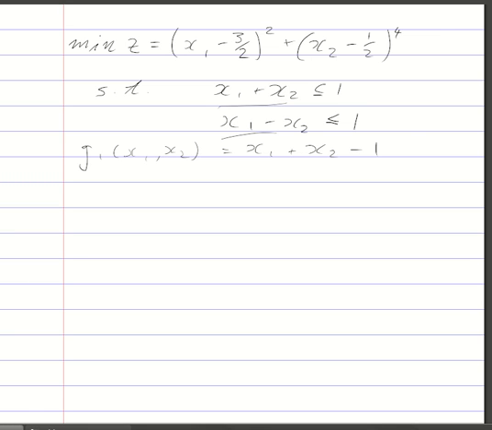So we want to write the conditions so that we have a less than or equal to and a 0 on the right hand side. We then also have g2 of x1, x2 is equal to x1 minus x2 minus 1, and we know from the conditions that that will be less than or equal to 0.